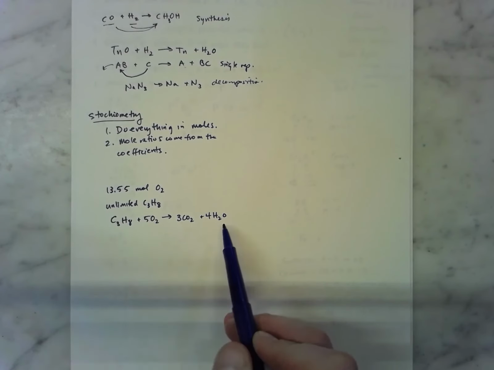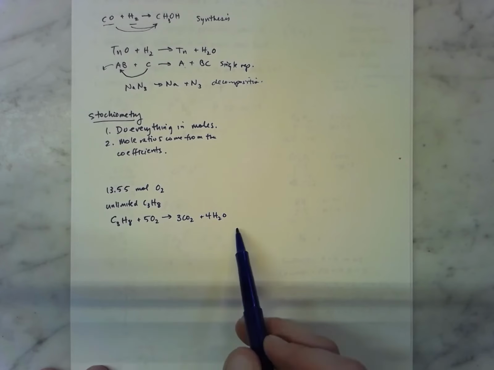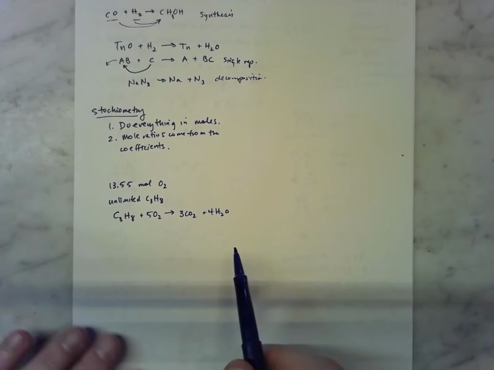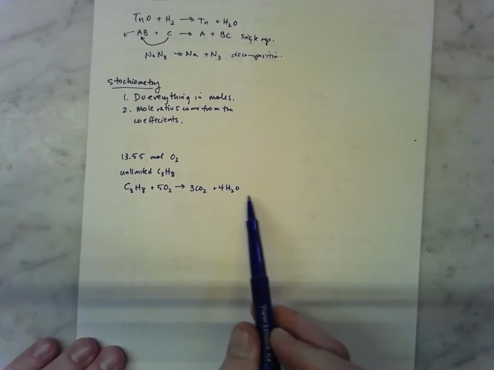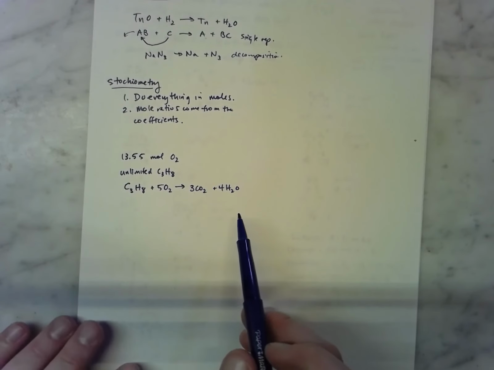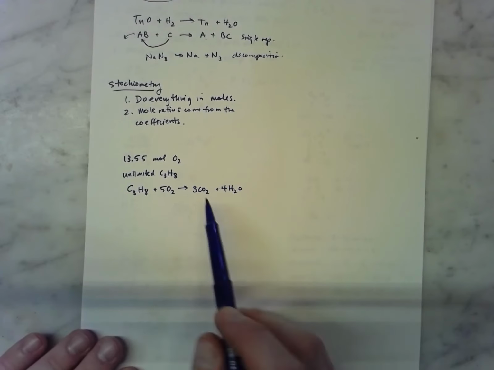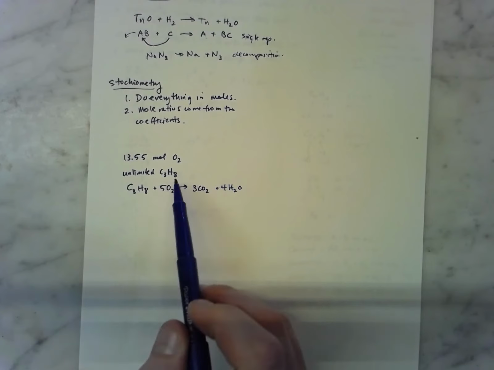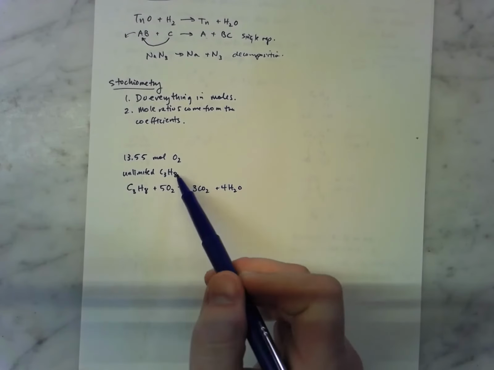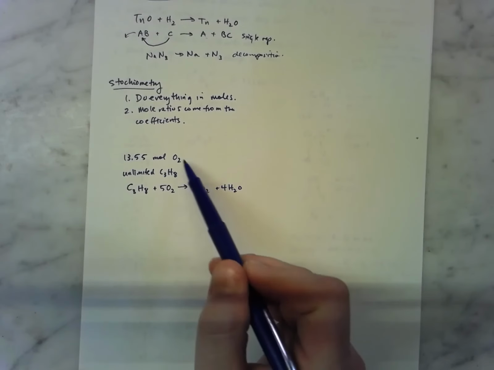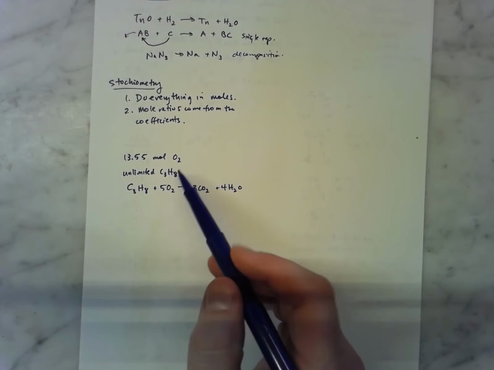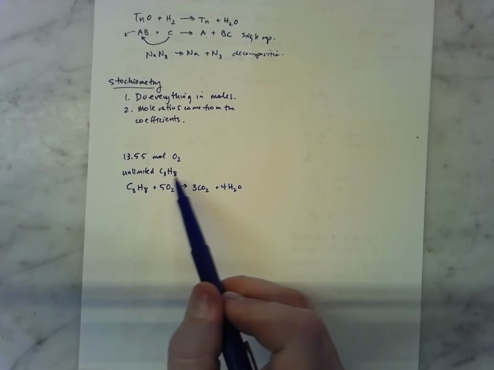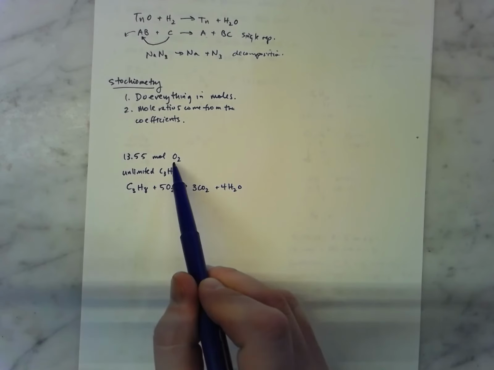I've omitted the states for clarity, so I'm not worried about gas or liquid. We're focused on these coefficients for right now. We have unlimited propane, which brings up what we'll talk about next class period, the limiting reactant, the one that runs out first. We don't even know how much propane we've got. We're just going to burn propane until we've used up all of our oxygen.